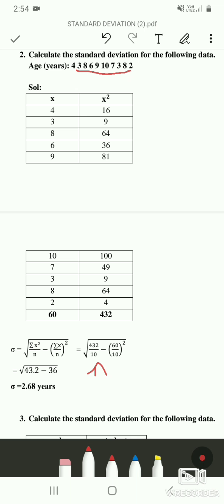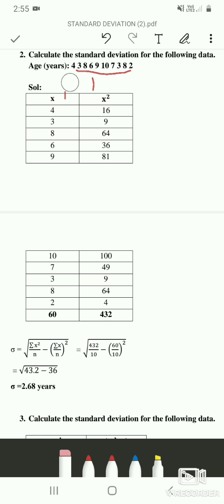So standard deviation is square root of 432 divided by 10 minus summation x is 60, so this term is 60 divided by 10 whole square. When you simplify, you will get standard deviation as 2.68 years.